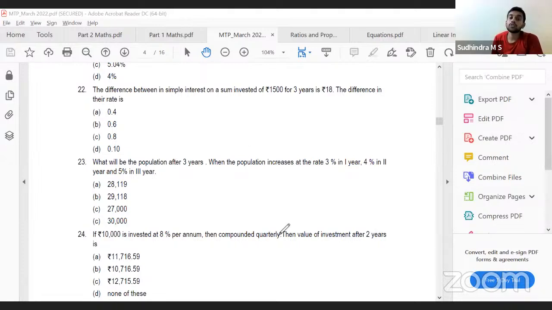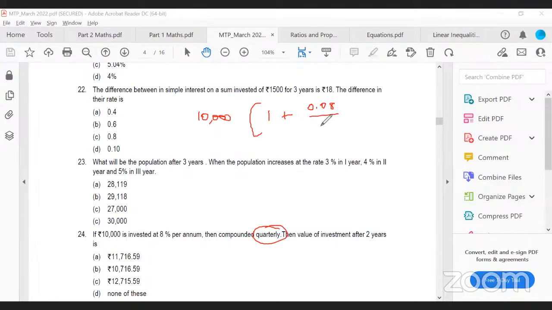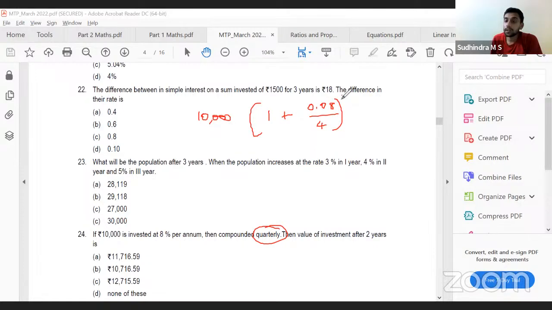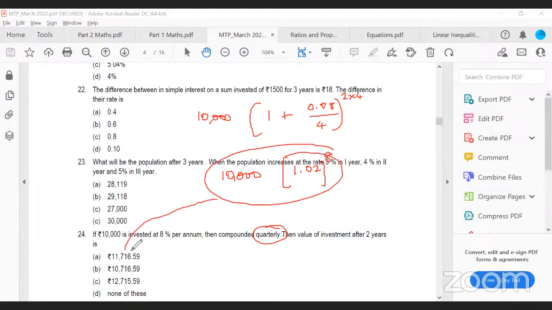So what are we supposed to do? This is compounding quarterly. So 10,000 into 1 plus 0.08 divided by 4, to the power of 2 years into 4 per year. So 10,000 into 1.02 to the power of 8 will give us 11,716.